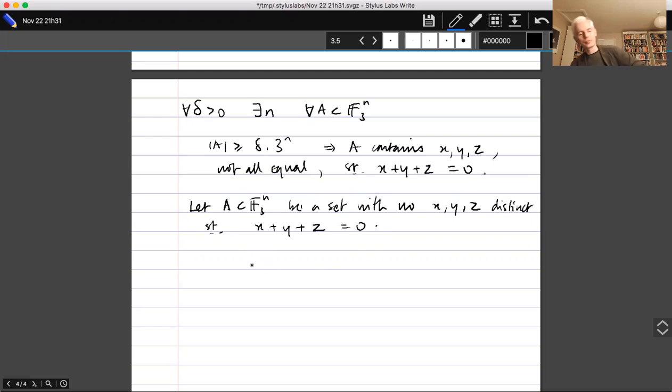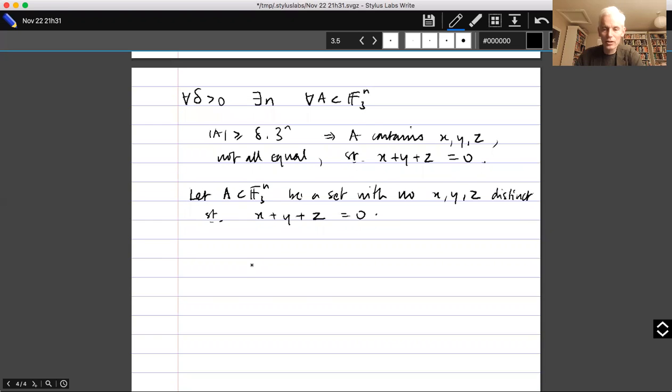Now, what I want to do here is obtain a very efficient way of writing down a function that's 0 when x, y, and z are not all equal, and non-zero when they are all equal. Sorry, I think I said that wrong. So it's 0 when they're not all equal, and 1, or non-zero at any rate, when they are all equal.